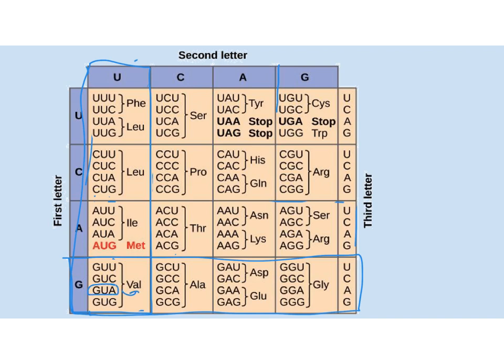It codes for valine. Next, my first letter is G, my second letter is C, my third letter is U. GCU is right here, alanine. Then AAC: first letter is A, second letter is A, third letter is C, ASN. Then CUU: first letter C, second letter U, CUU is leucine.